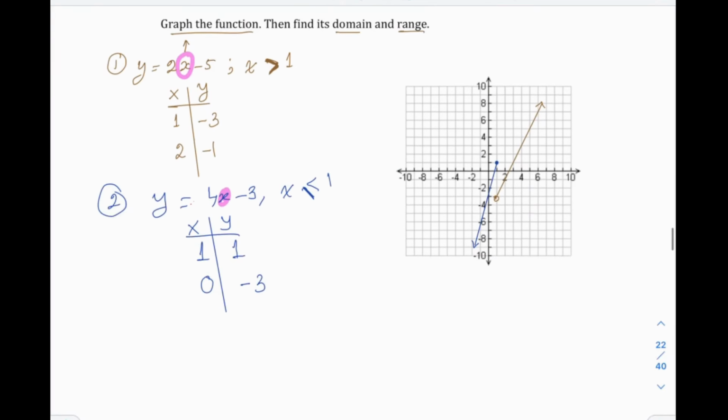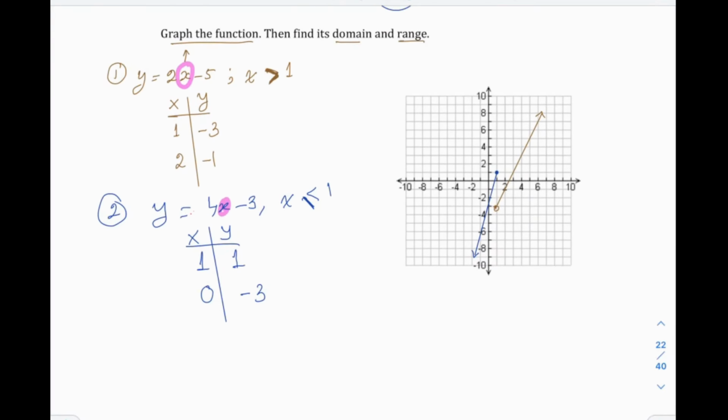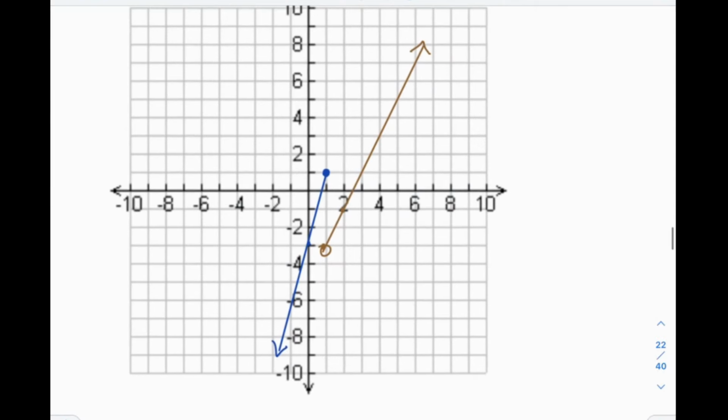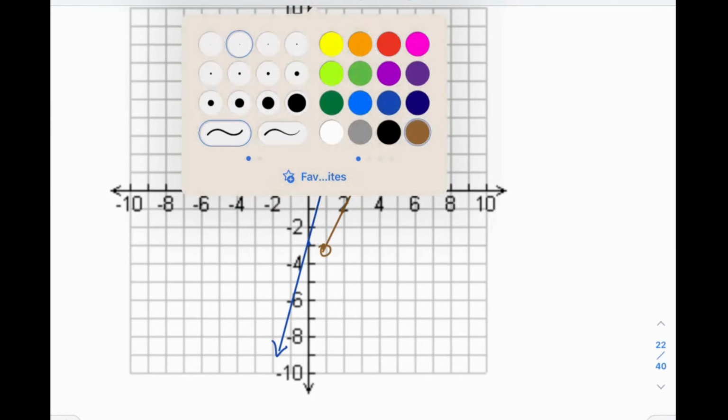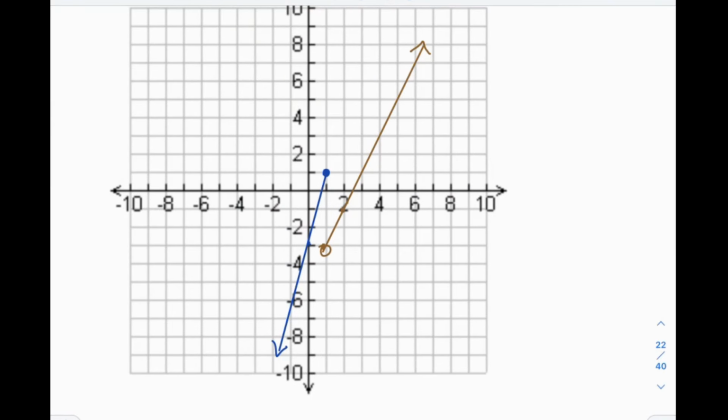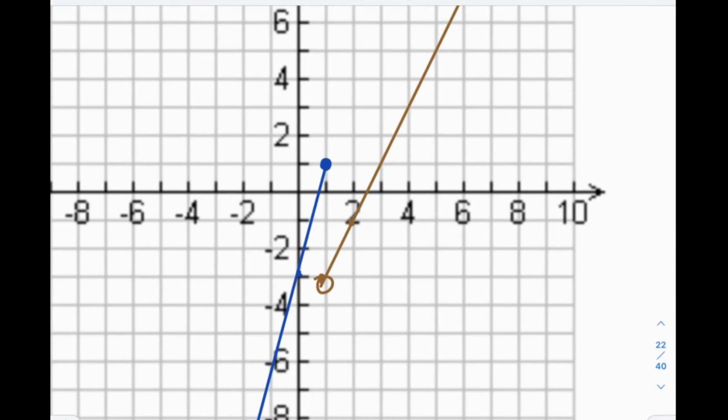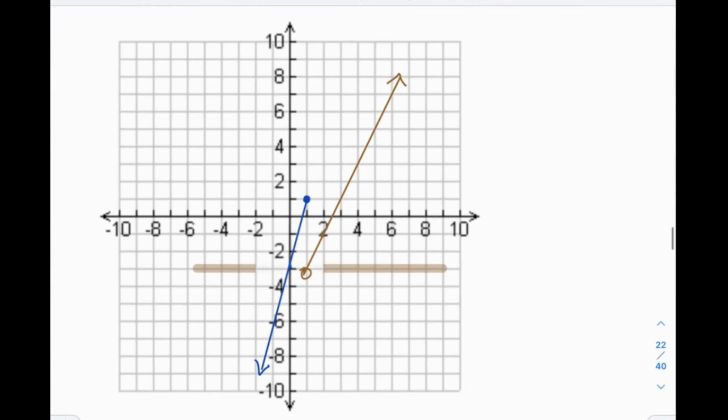Now let's check the range. I have two ways to find the range, either from the graph that I have done before or from the table. If you use the graph, let's check the y values. The range is the y values that have been used. Now, this was the minimum for the brown, and it's going up, right?